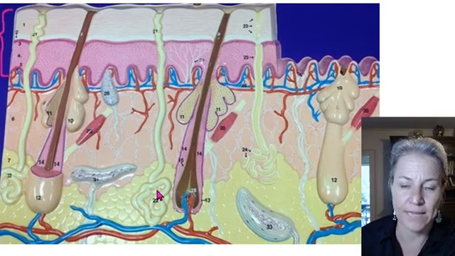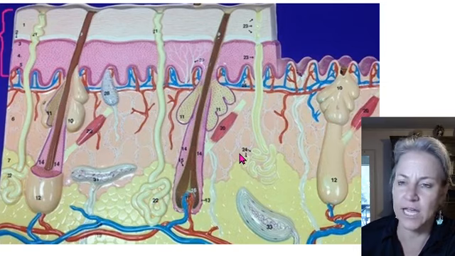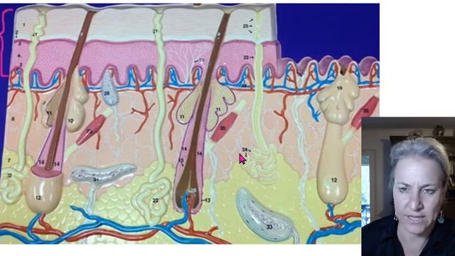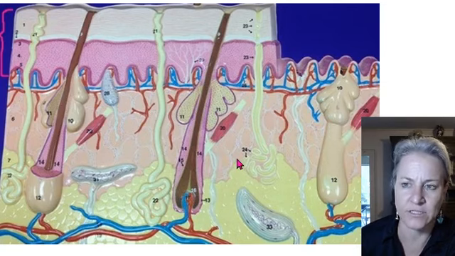What is the name of this gland right here? There's a gland here, here, here. What's the name of this gland? That is the eccrine sudoriferous gland. This model does not have an apocrine sudoriferous gland. This particular model doesn't have one.